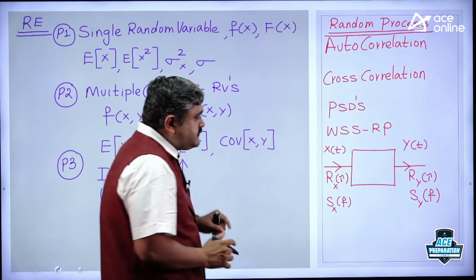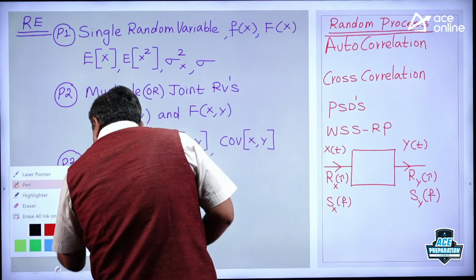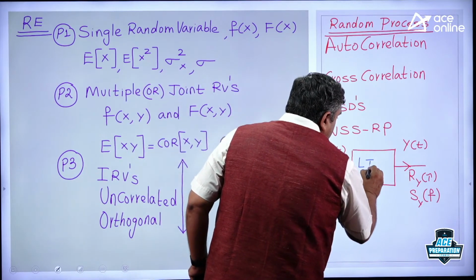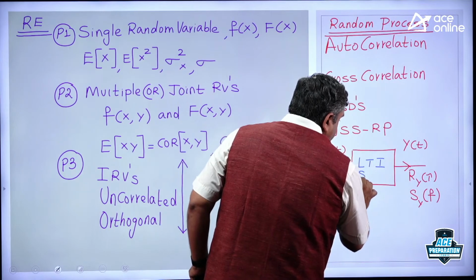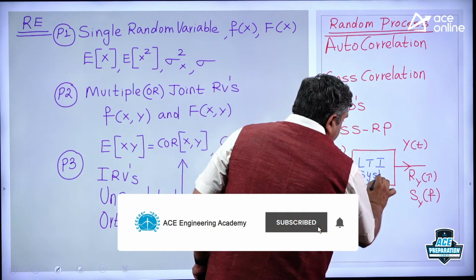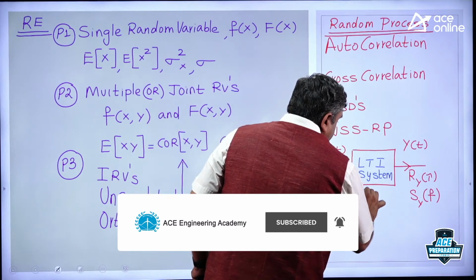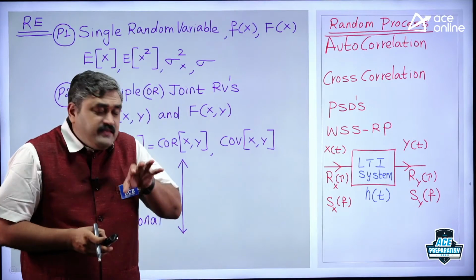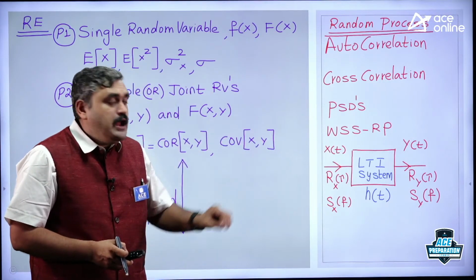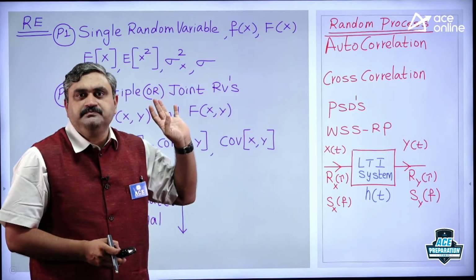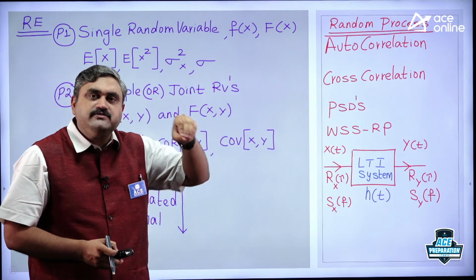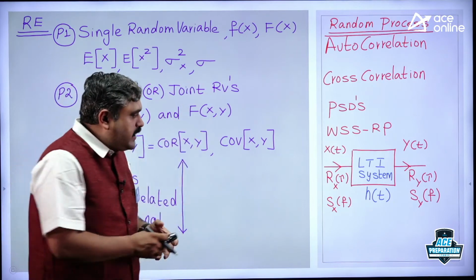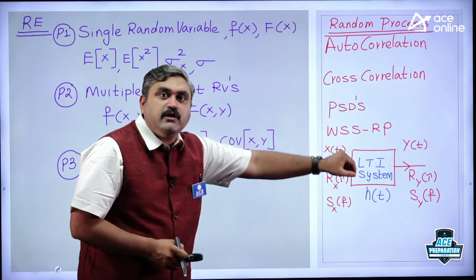Now what is the system? The system is given to you as a linear time invariant system, LTI. Whenever you have a system, it will have some impulse response h of t. So what is the response of LTI systems? What will be the autocorrelation function at the output, what will be the relation of power spectral densities at the output, and how can you determine power of input and power of output?